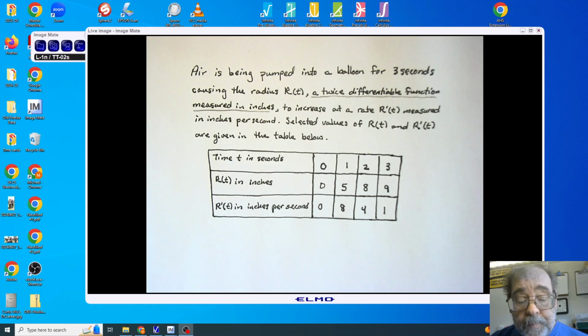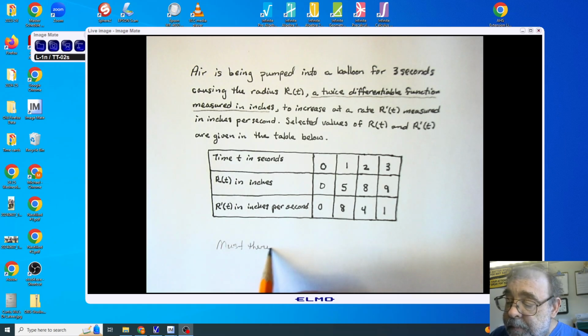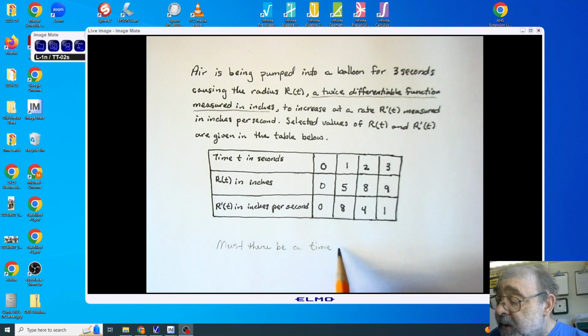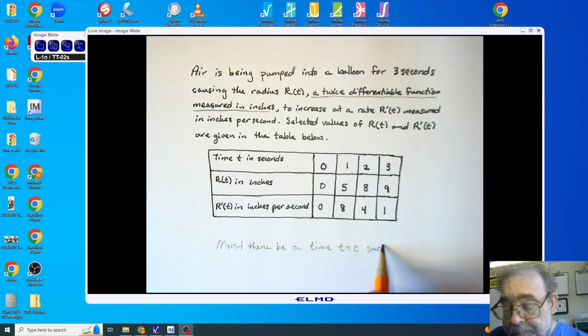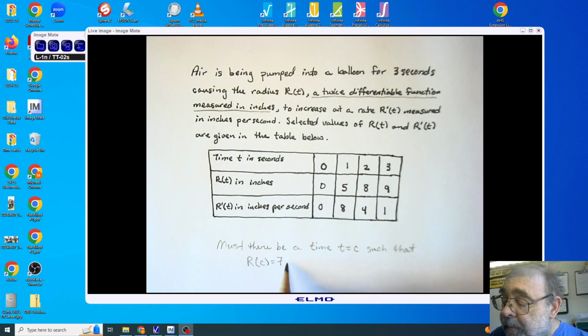Okay? So, let's go ahead and just ask the question: must there be a time c, or time t in this case, let's just say t equals c, such that r of c is equal to 7?